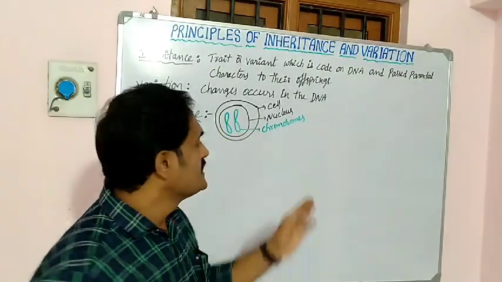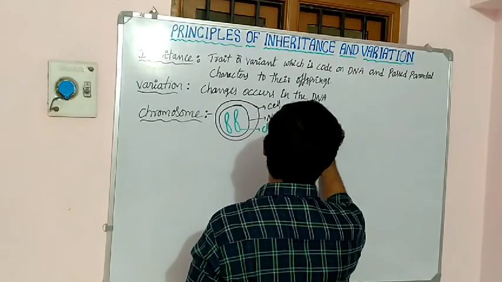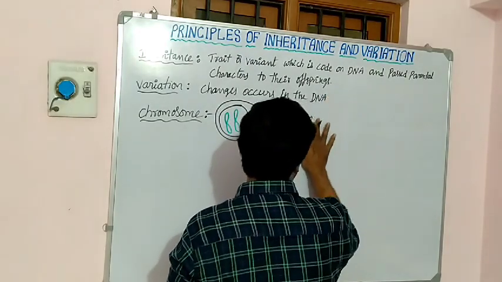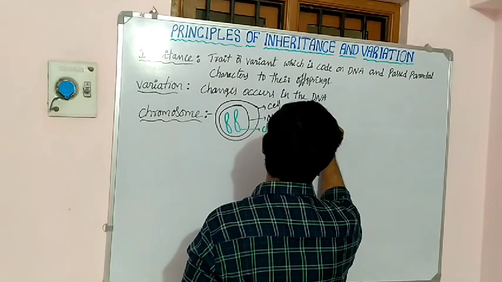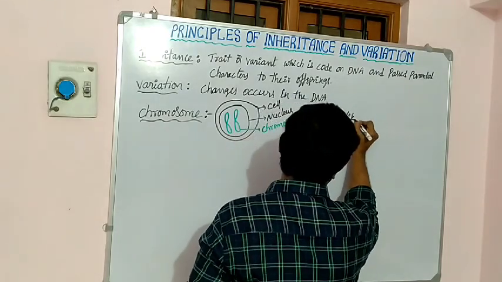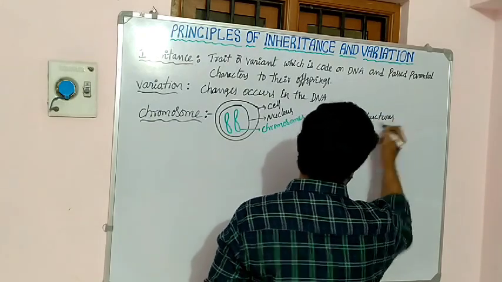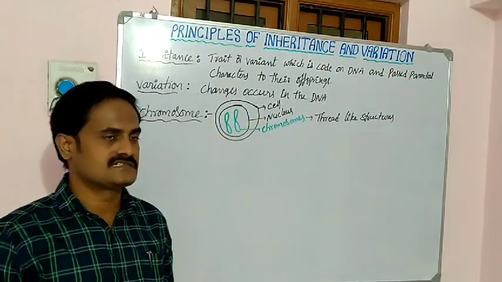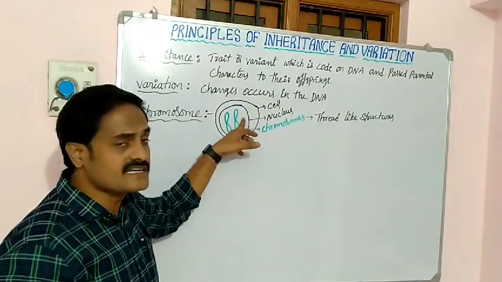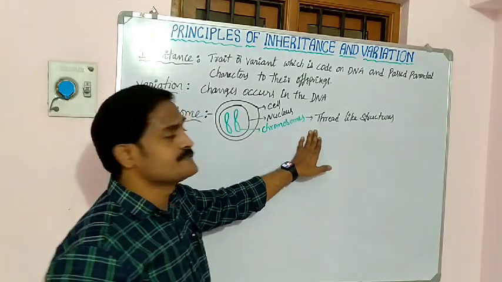Then what is a chromosome? Chromosomes are thread-like structures. They look like threads present inside the nucleus. So what are chromosomes?